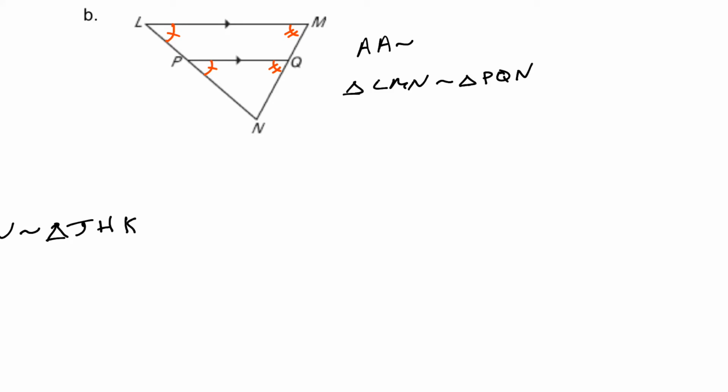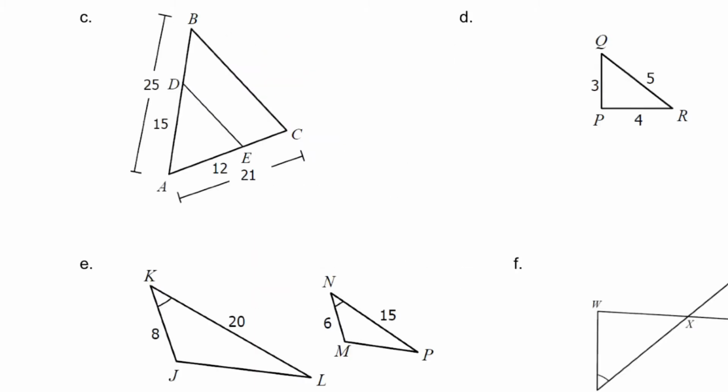All right, let's turn the page and look at part C of example 2. At first glance, if you look at part C in example 2, it looks a lot like what we did in part B. So you might be tempted to say, well, hey, this angle corresponds to this angle and they've got to be congruent.